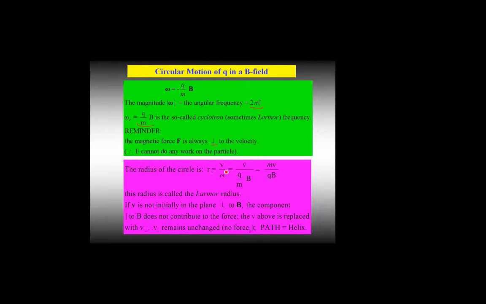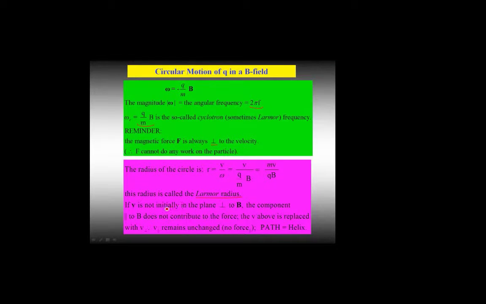These are all magnitudes, so if we put omega equal to this right here into the r equation, then we have that the radius is given by mv over qB. So that's basically, the bigger the field, the smaller the radius, and the faster the particle is moving, the larger the radius. And this is called the Larmor radius.